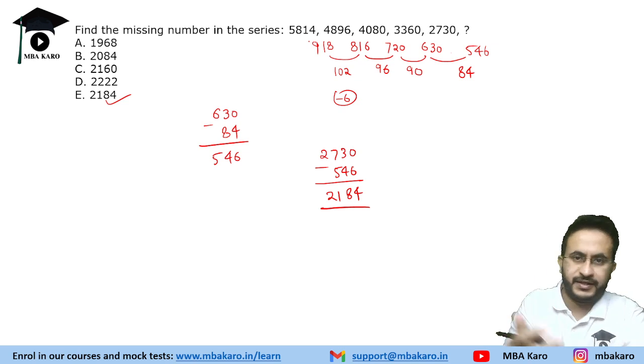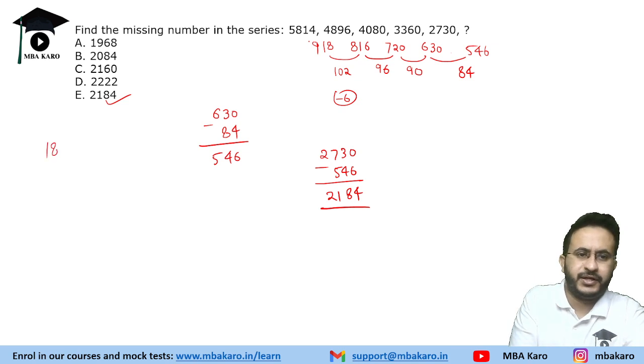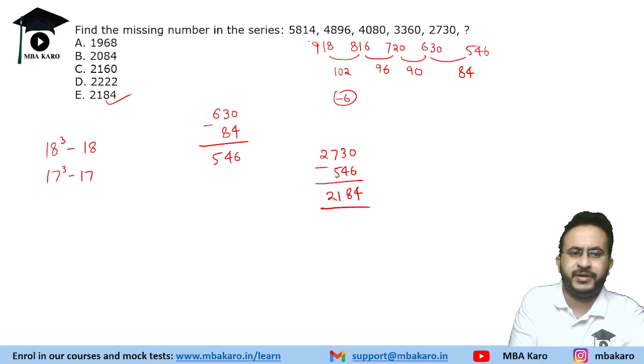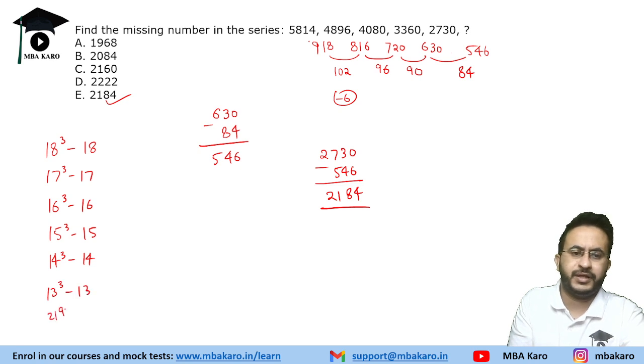Actually, the real pattern, if you see, try to calculate these values: 18 cube minus 18, 17 cube minus 17, 16 cube minus 16, 15 cube minus 15, 14 cube minus 14, and this number would have been 13 cube minus 13. So 13 cube is 2197, and if you subtract 13, you will get this number.